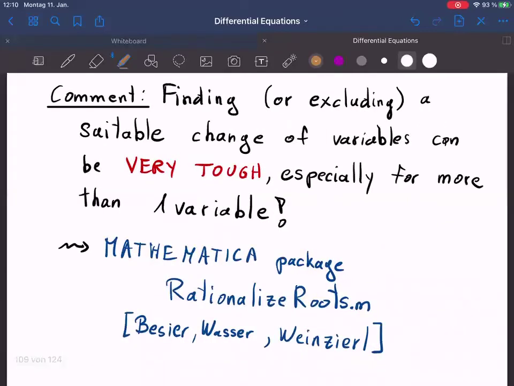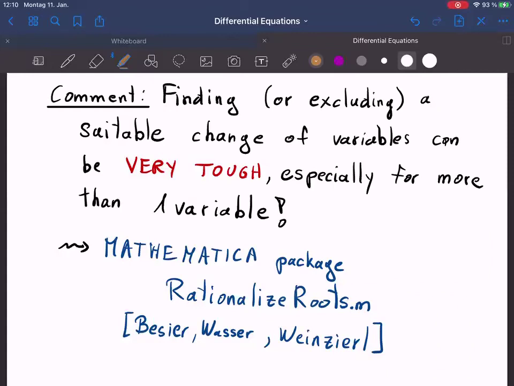That is where, of course, all the art is. Finding this change of variable, or showing that it doesn't exist, can be extremely tough, especially if you have more than one variable. If you have only one variable, then there are strategies for how to do it, which are in particular implemented in this Mathematica package, RationalizeRoots, by Marco Besier, Pascal Wasser, and Stefan Weinzierl.